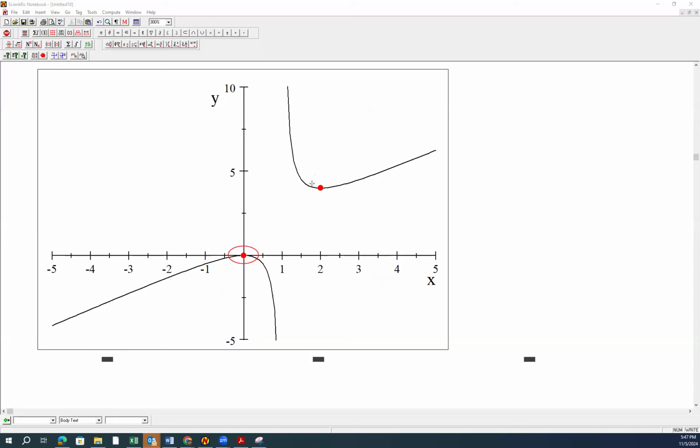That's a local max. Local min, in a small neighborhood, it is the lowest, right? So it's in different neighborhoods. All right, so that was the use of the second derivative test.